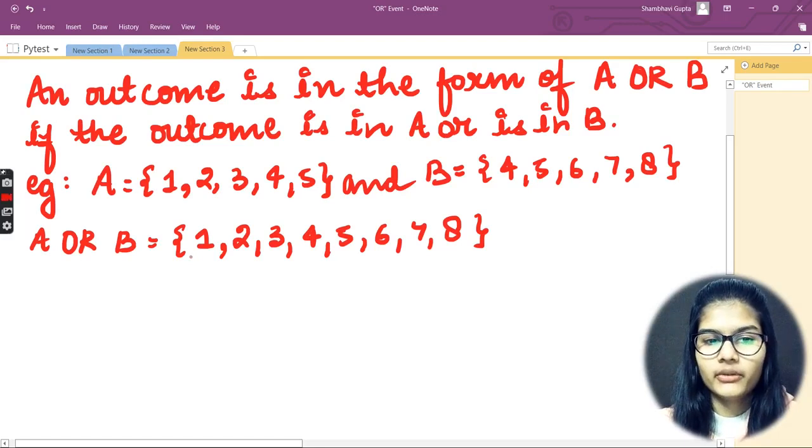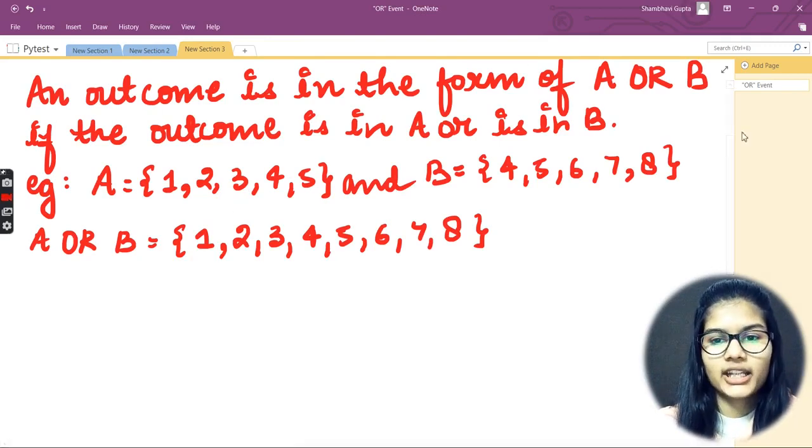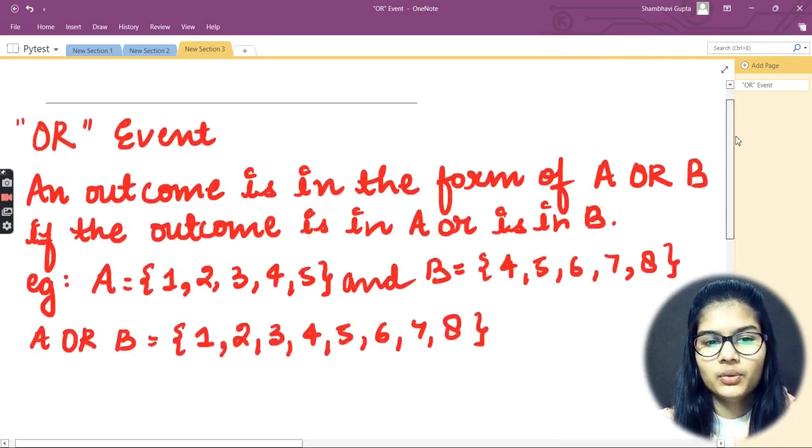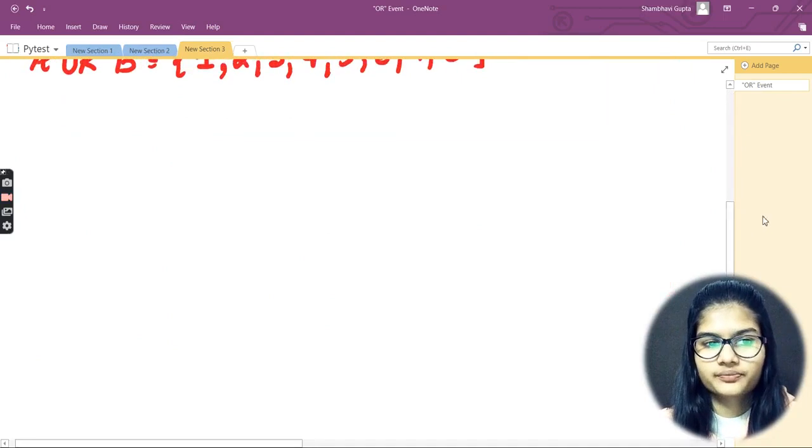If a number is coming repeatedly, you'll write it only 1 time, no matter if it comes 2 times, 3 times, 4 times, 5 times, whatever it is. I hope I'm pretty clear about this. If you write an outcome in the form of A or B, the outcome is in A or is in B. I hope I am clear with this example of the OR event.